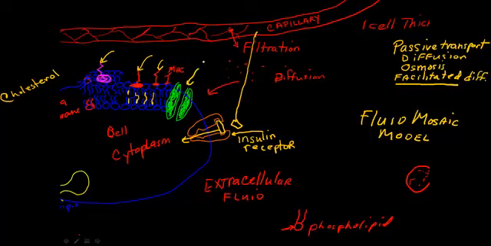Okay? Facilitated diffusion, down a concentration gradient. Things can also move out down their concentration gradient. And sometimes these protein channels are specific for a specific molecule. Okay? So that's passive transport.